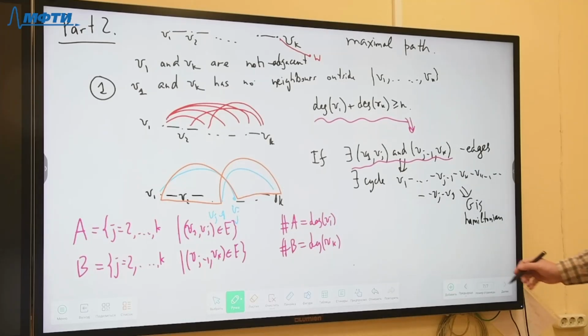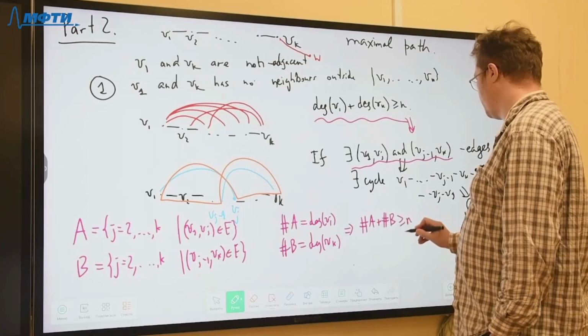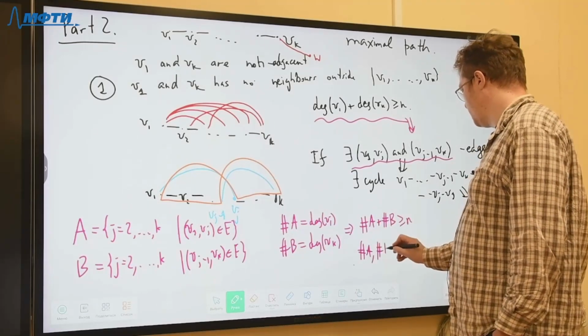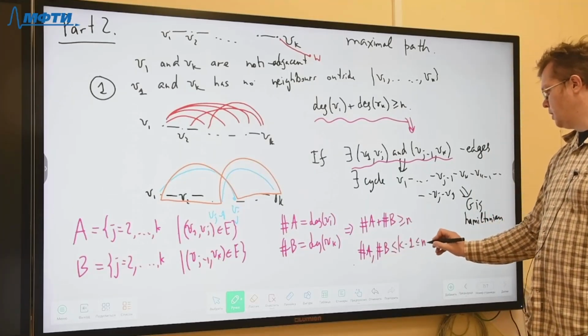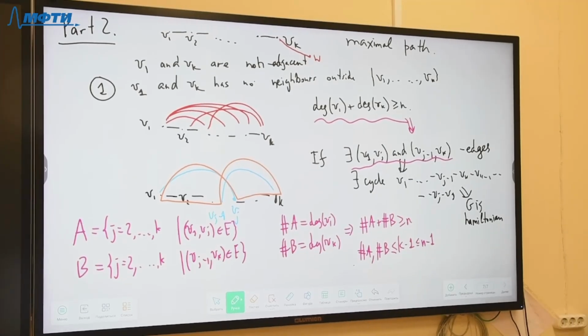And so the number of elements in A and B together is greater than or equal to n, but each of these elements in the set is not greater than k minus 1, which is not greater than n minus 1, which just means that they have an intersection. Yeah, but maybe I need to use some lower bound here.